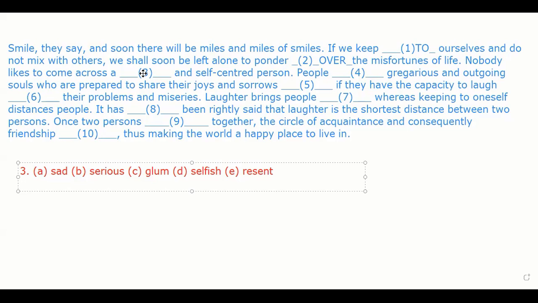The main focus of this sentence is, right, Devendra, sad and moody. But I tell you, glum generally means people who are sad but also live alone, not in very much company, not very much social life. That's why you usually say glum. Not always, but glum indicates that kind of thing. You see the whole paragraph, it's about friendship, smile, talking to people, being more social, making more friends. It's like that.